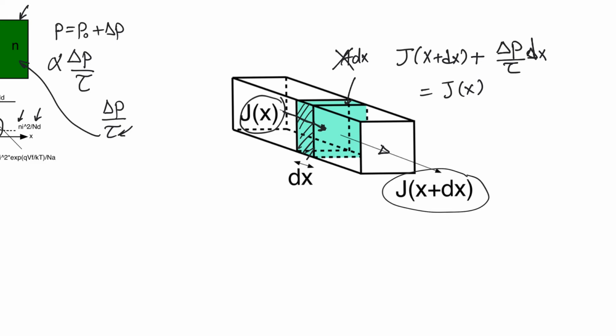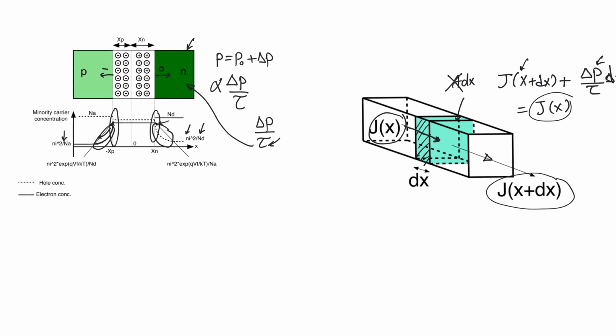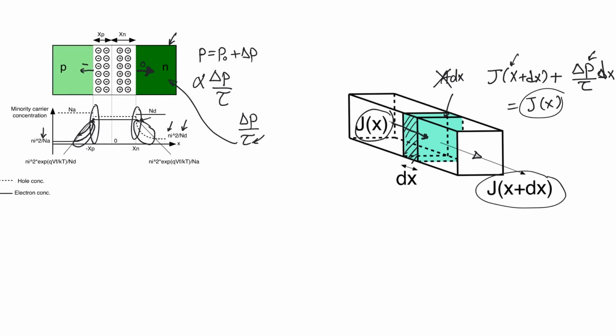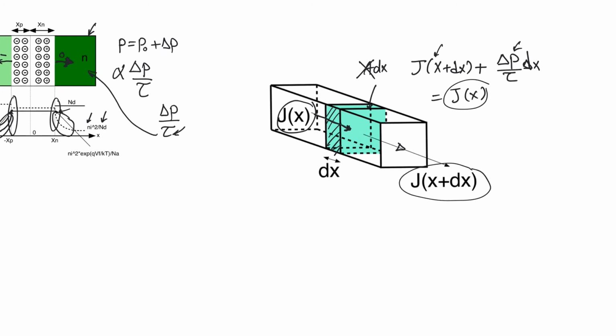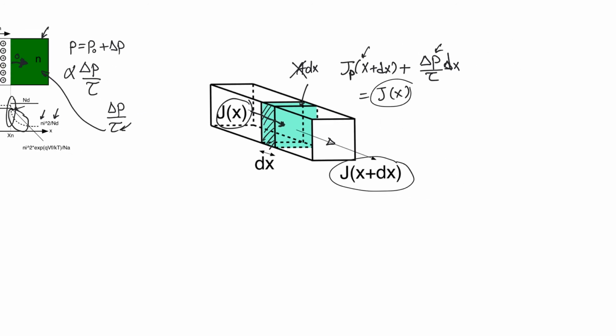And what we are saying here is that the charges entering the cross section are going to be equal to the current or charges exiting the cross section, plus anything that gets lost in the middle because of recombination. So if we are talking about excess holes, in this case we are talking about the current that enters the n neutral zone through diffusing holes from the p side, and so we're talking about hole current.